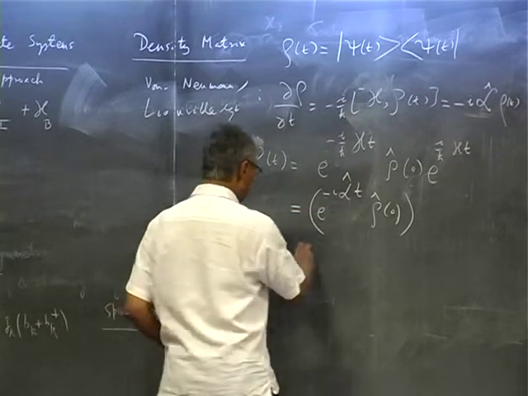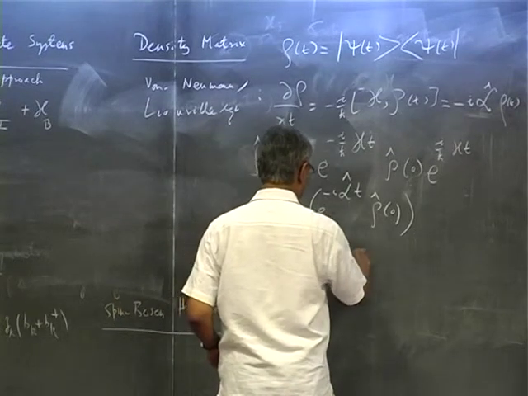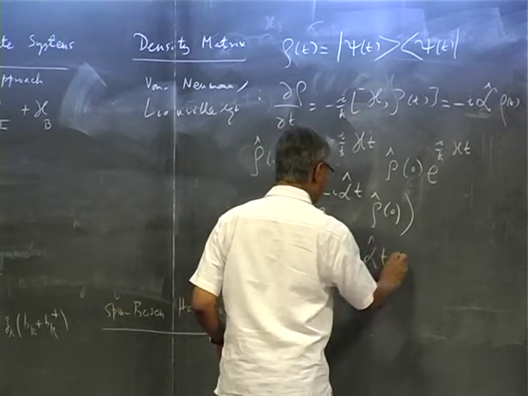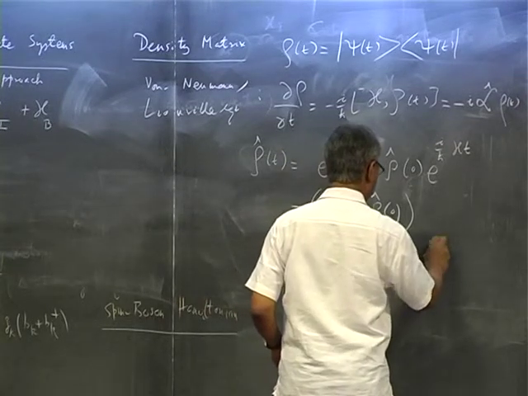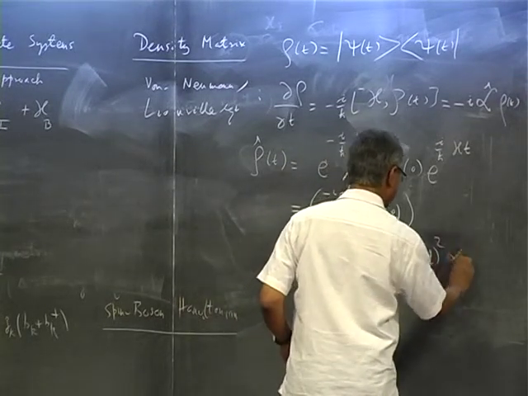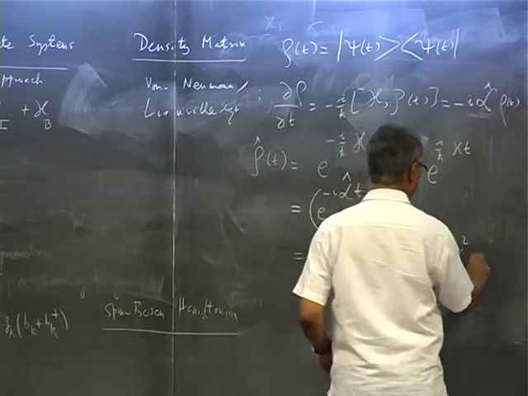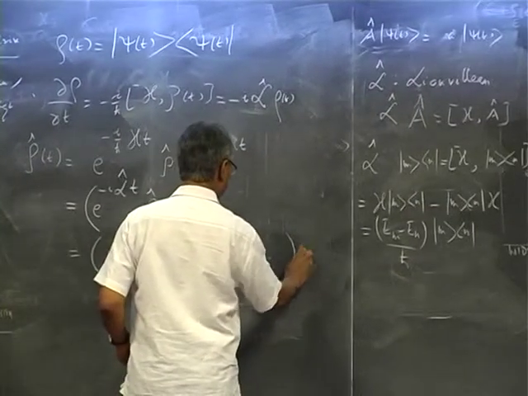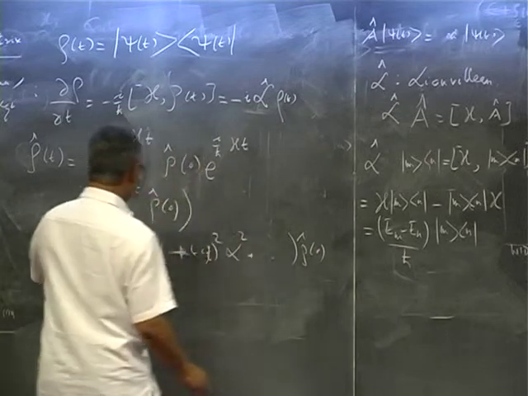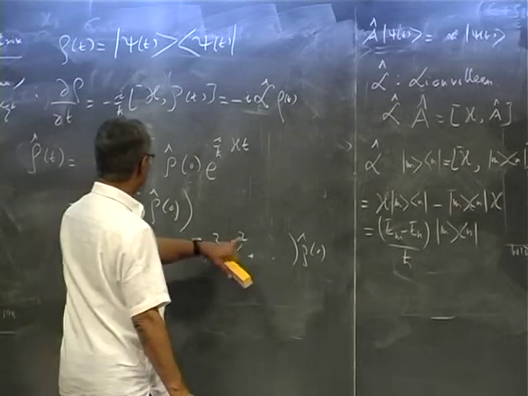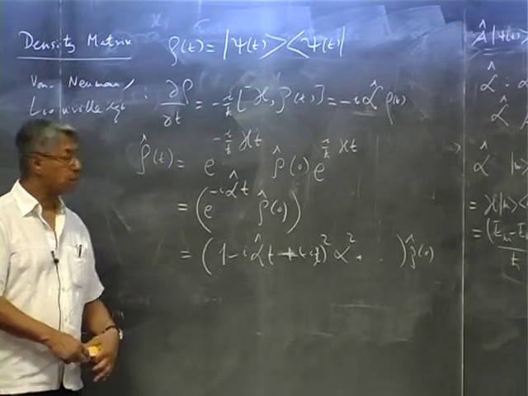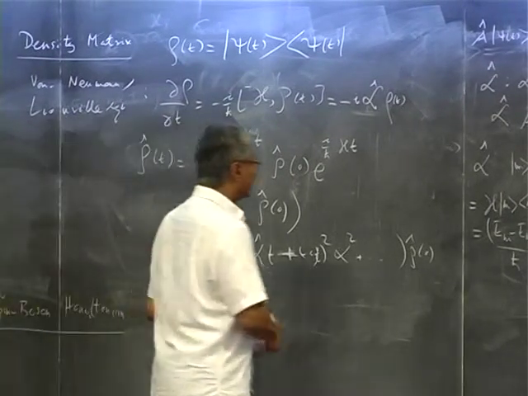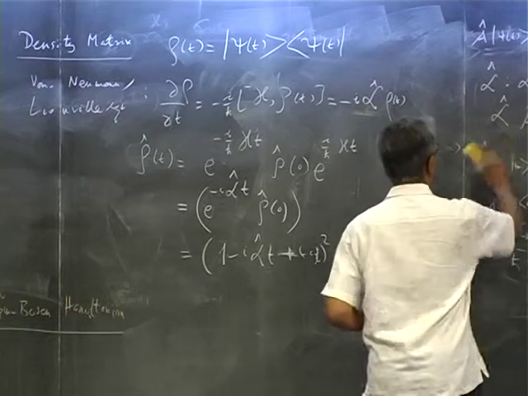If you formally expand, then you get 1 minus iLt plus minus i t squared L squared dot dot dot rho of naught. And so each term is like a commutator, and that's the same expansion as rho of t here, because if you expand this, you get all these nested commutators.